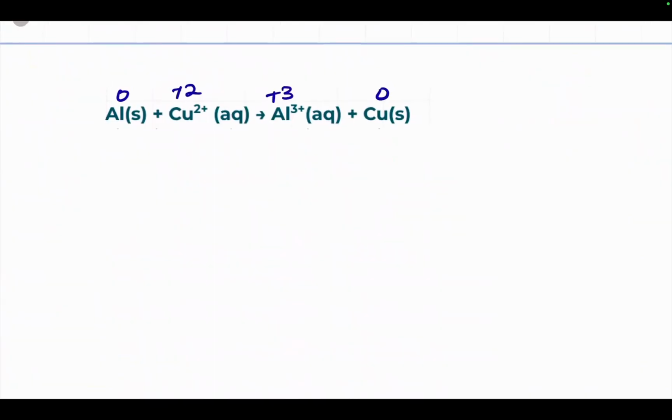I can see that the aluminum metal is oxidized and the copper ions are reduced. So then I want to write out those half reactions.